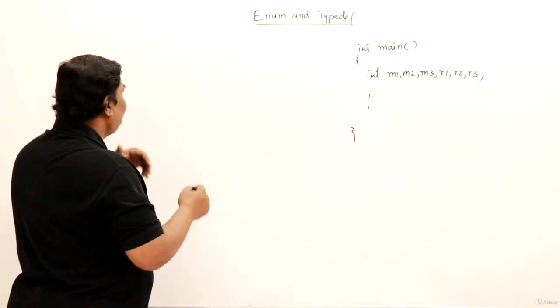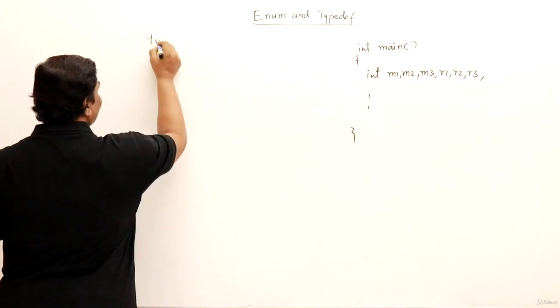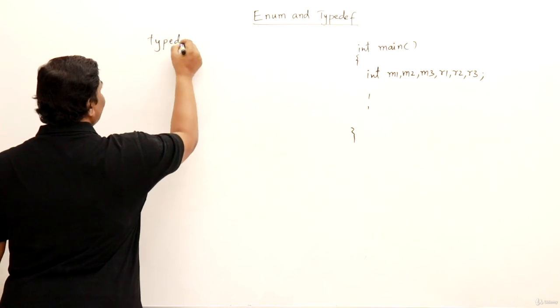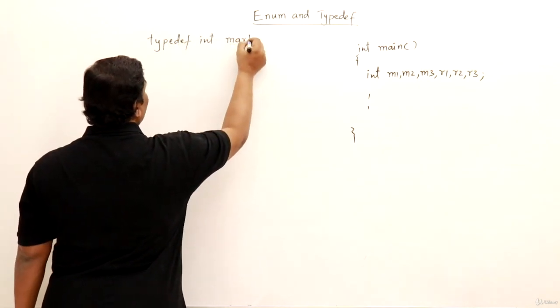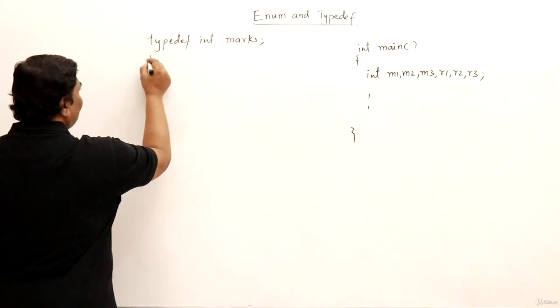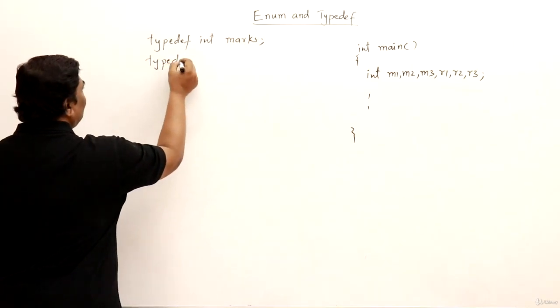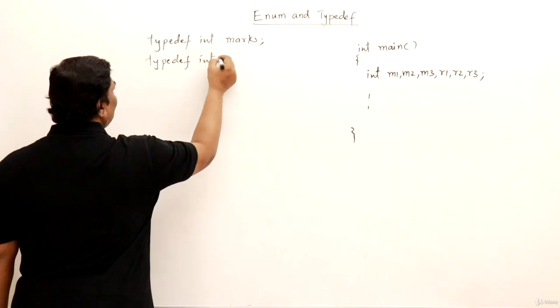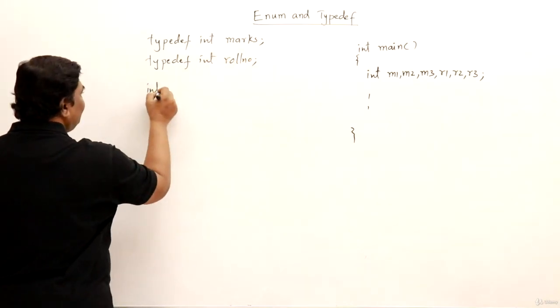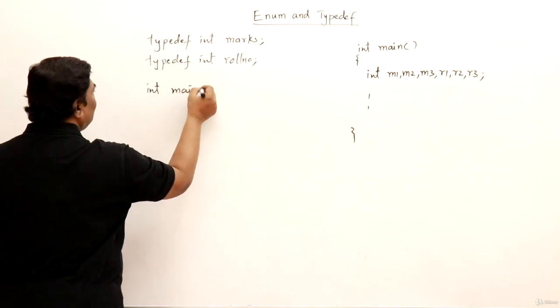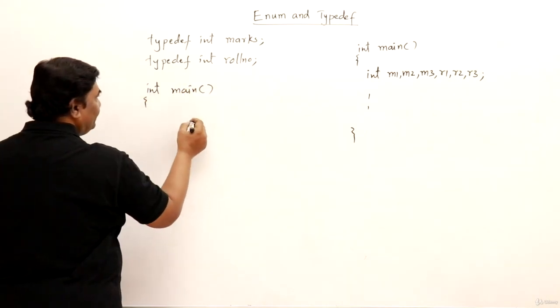So here I will define typedefs. This is the type definition: typedef int marks, and one more typedef, int rollnumber. Now inside the main function, I will declare the variables.